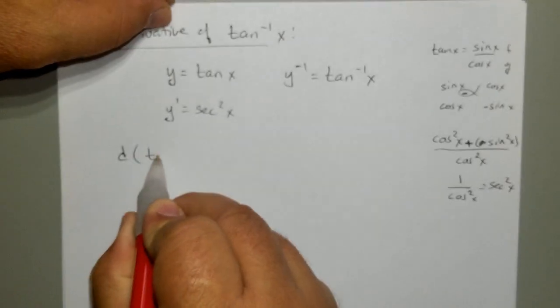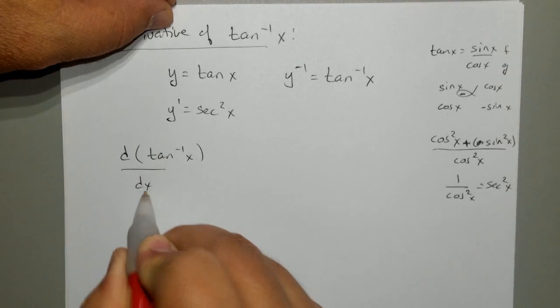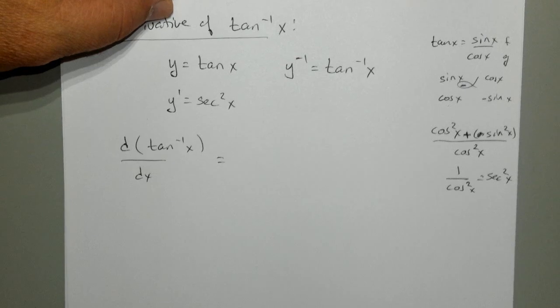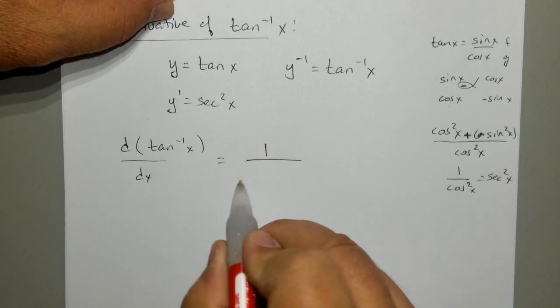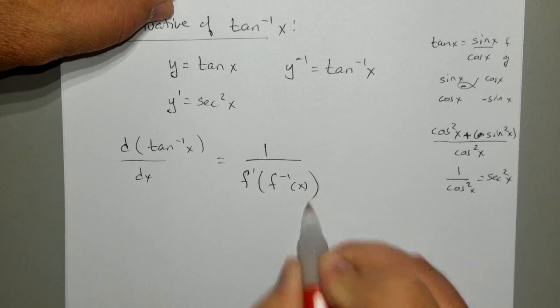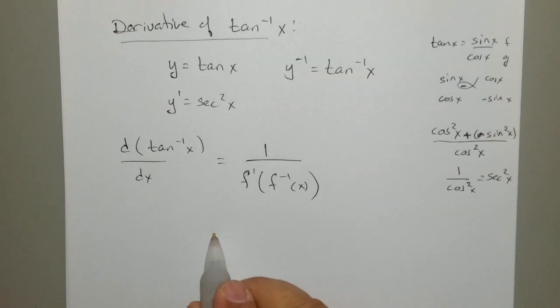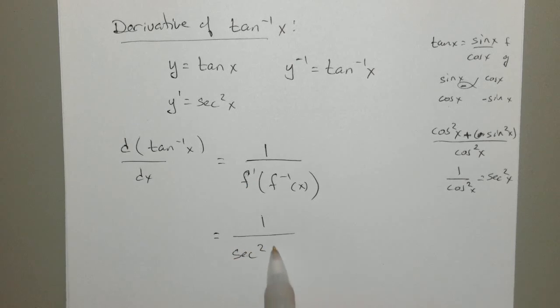So the derivative of the inverse of tangent, or the arctangent, we'll do it the same way. Derivative of secant squared.